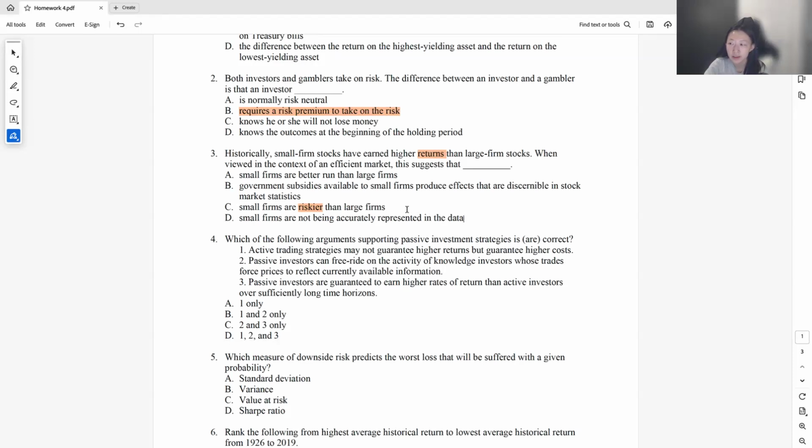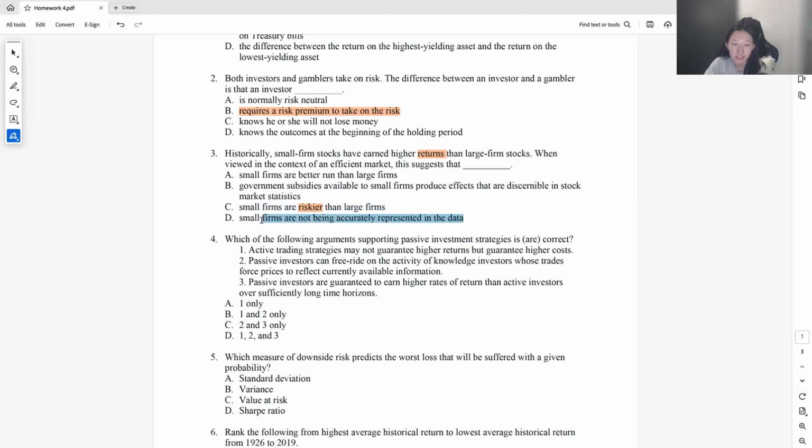So you choose the one that you certainly know is right, or eliminate one option that you certainly know is wrong. Then you find the most correct option, and choose the most correct option.